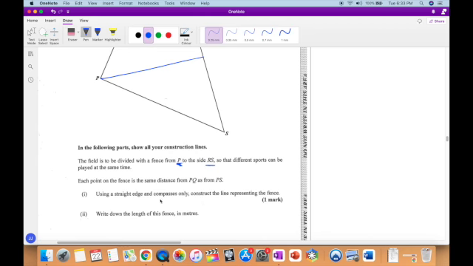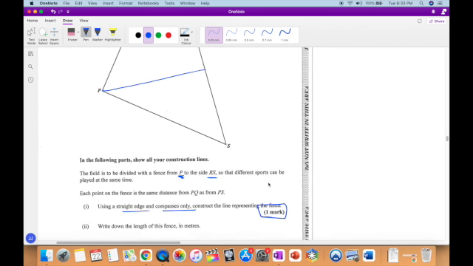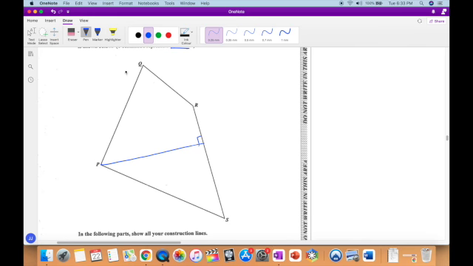In terms of the construction, using a straight edge and a compass only, construct a line to represent the fence, it's just 1 mark. Because it's just 1 mark and they did not use the word perpendicular at all, I don't need to worry about this being perpendicular. So what am I going to do to construct a line?